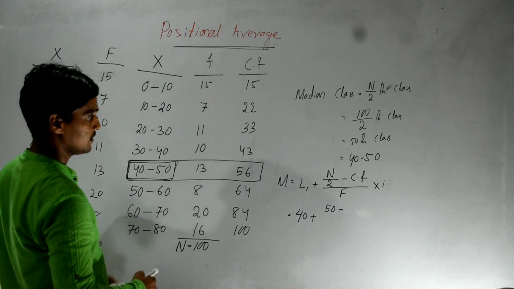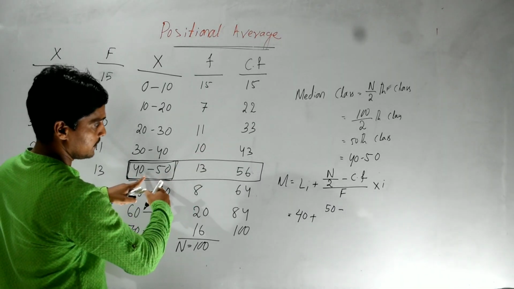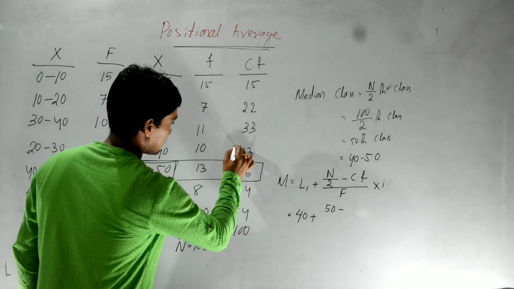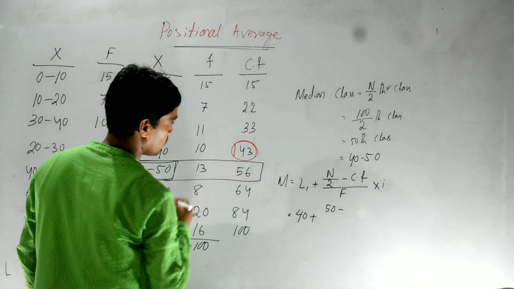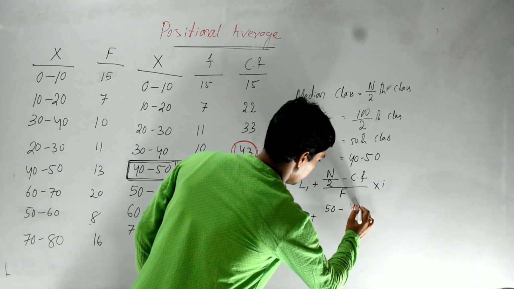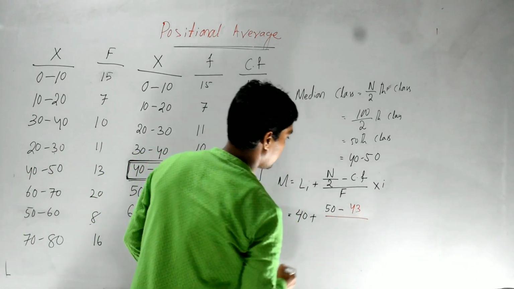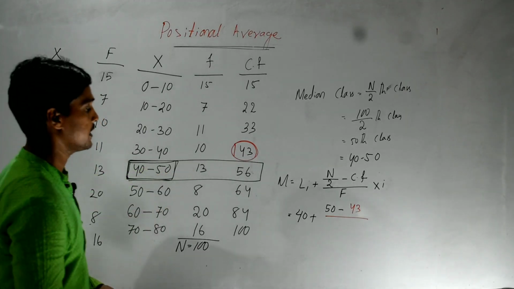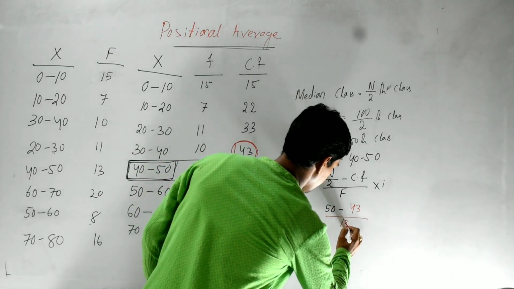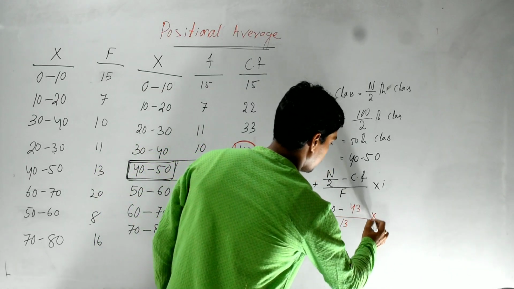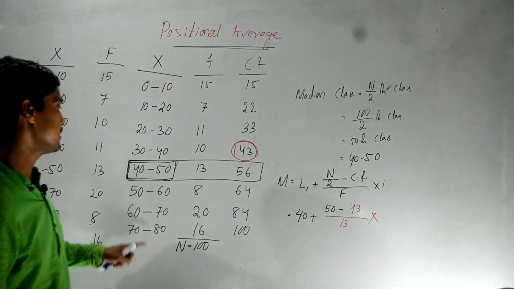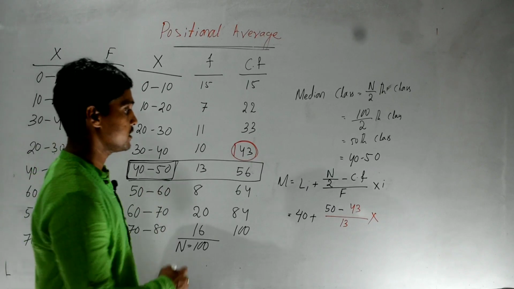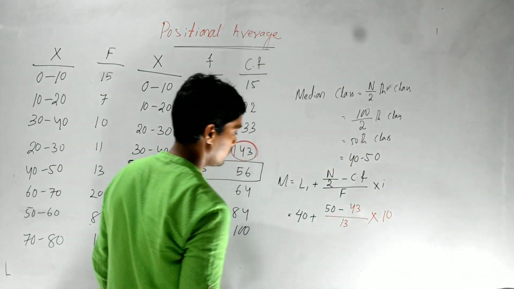Here CF means the cumulative frequency preceding the median class, that is 43, divided by F, the frequency of the median class, that is 13, into i, the class interval, that is 10.